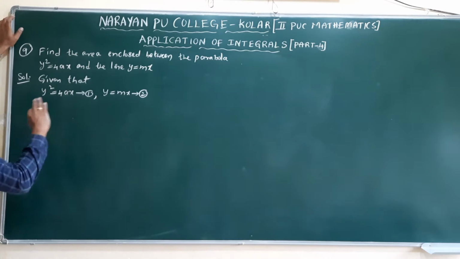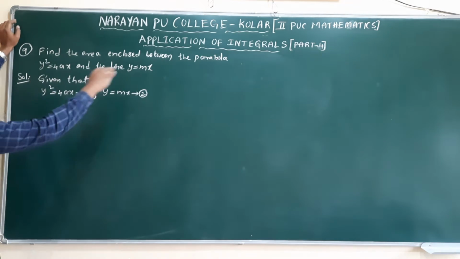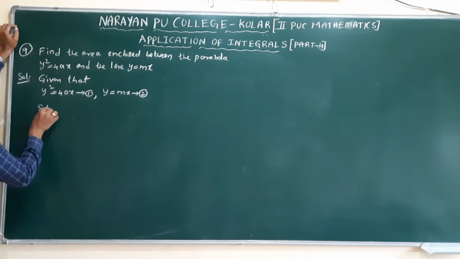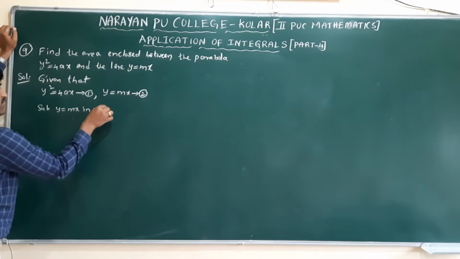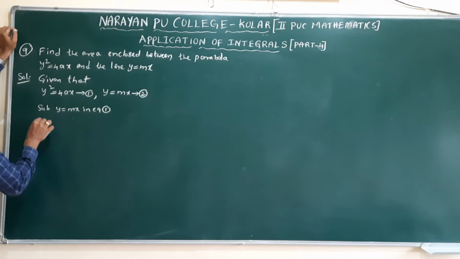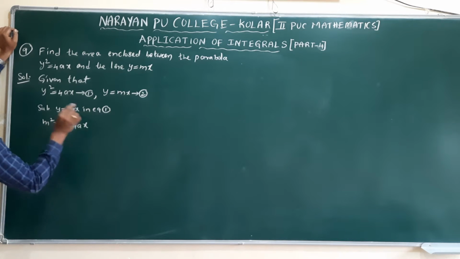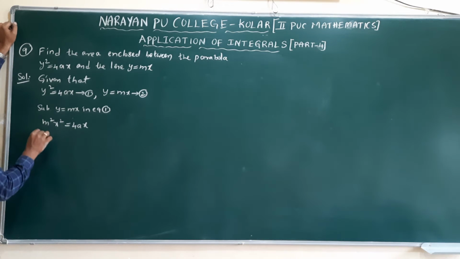For that we need to solve these 2 equations to find the point of intersection because the limits are not given. So I substitute y is equal to mx in equation 1. What will we get? M square x square equal to 4ax. Don't cancel x because we'll get x is 0 also, which is 1 point. Take this side.